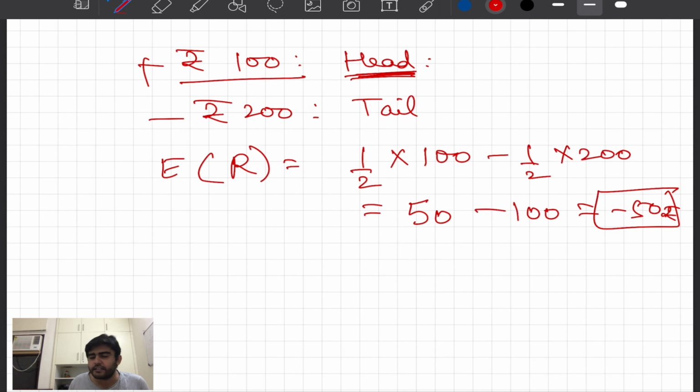So you are starting this experiment already on the losing side, and the expected value says that if you play this game enough number of times, you may lose 50 rupees on average in each try. You could be lucky one off time, that is you get heads the first time, you get rupees 100 and you come out.